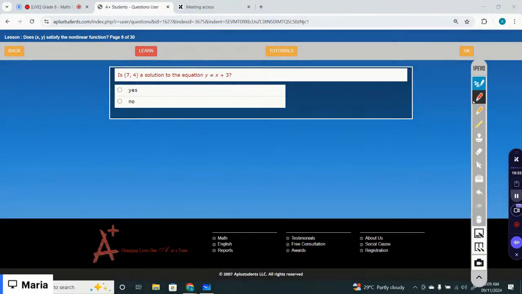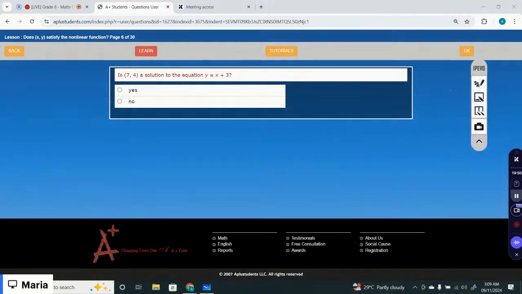Y equals x plus 3, right? Y is 4. 4 equals 7 plus 3. That is 4 is not equal to 10. The correct option is no. Option number 2 is the correct option.